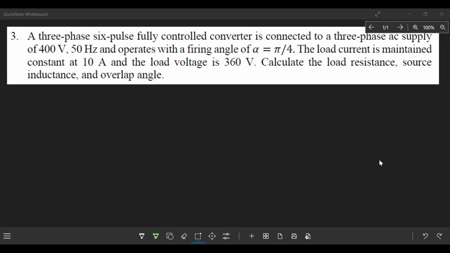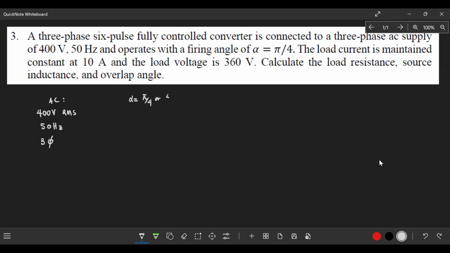What we are given here is on the AC part. On the AC, we are given the 400 volts, and you know this is always RMS voltage. We're also given the frequency 50 hertz, and you know this is a three-phase. And then we're also given alpha equal to pi over 4, which is 45 degrees.